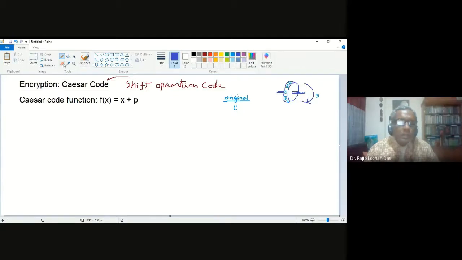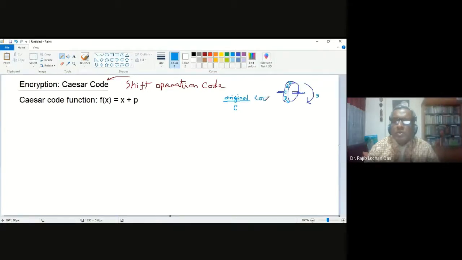When we shift the drum by 5 places or 5 letters, we find the letter which is 5 letters ahead.